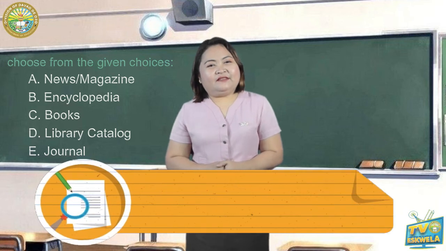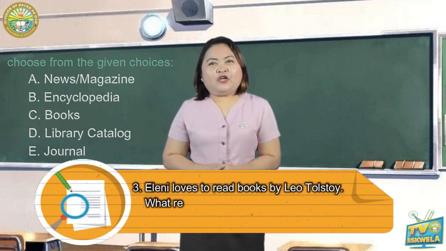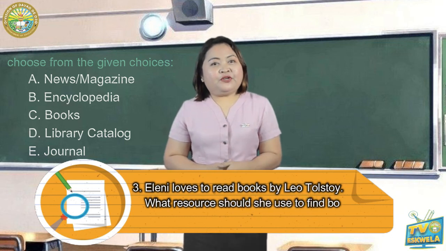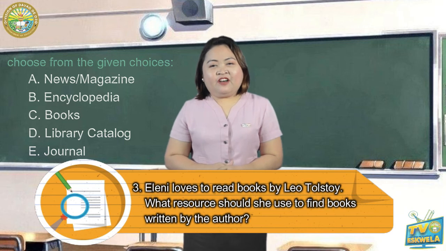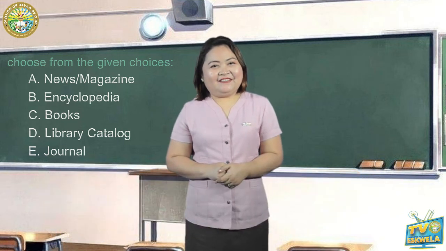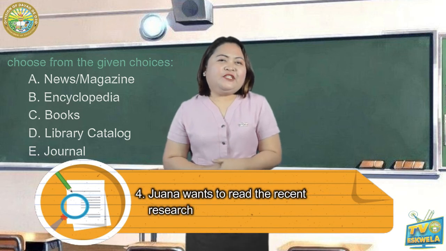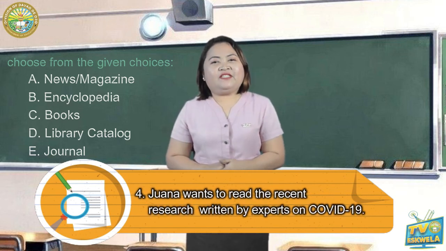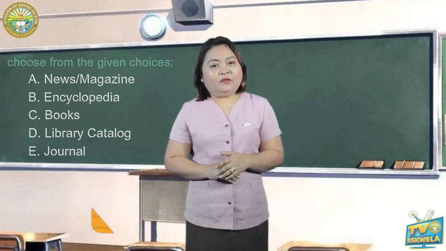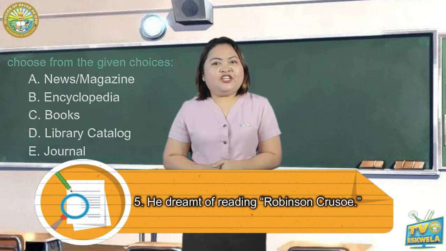Number 3, Eleni loves to read books by Leo Tolstoy. What resource should she use to find books written by the author? Number 4, Joanna wants to read the recent research written by experts on COVID-19. Number 5, he dreamt of reading Robinson Crusoe.